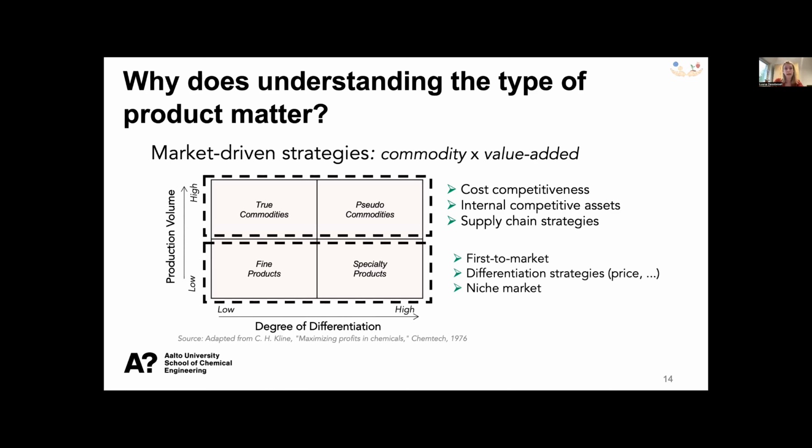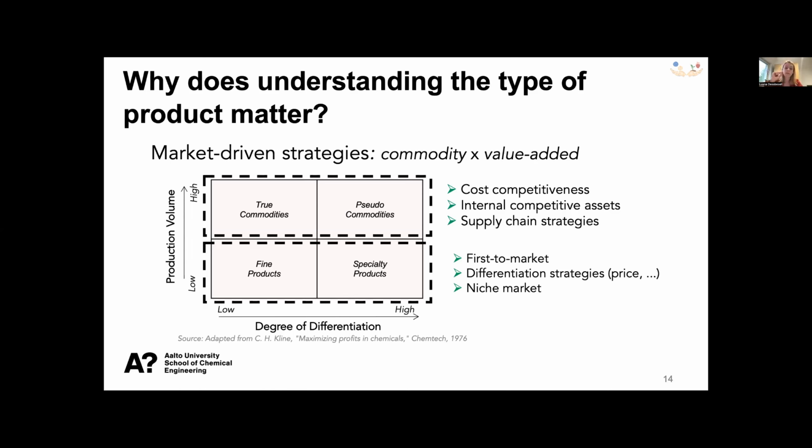If we're looking at the bottom part, which is more fine or specialty products, it is about being first to the market. You want to secure the market. It's not about selling a lot to larger consumers. It's about having the right product to the right consumer at the right time. It's very much about differentiation.